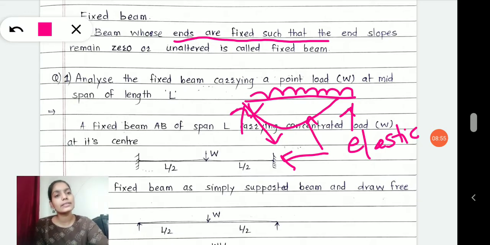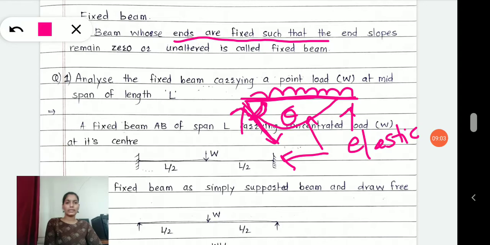This is the tangent I have drawn, and the angle between the original axis of your beam and the tangent is theta, representing the slope at that support, right? If I provide the end as fixed, will it be possible at the end support to get deflection? No, it is not possible, because you are not allowing it.